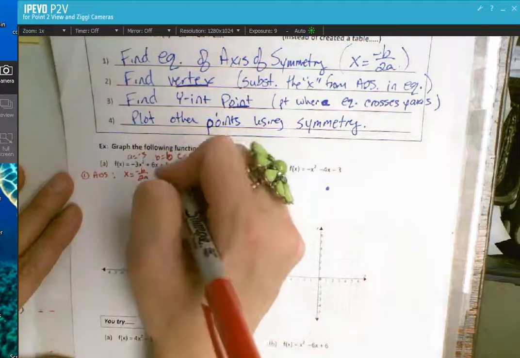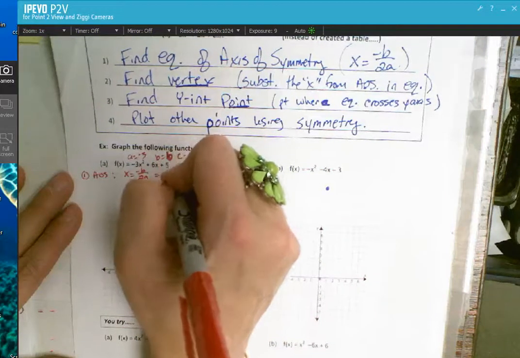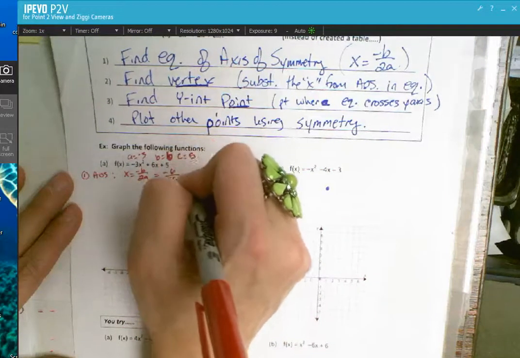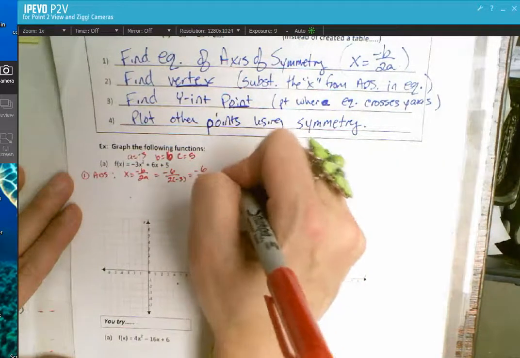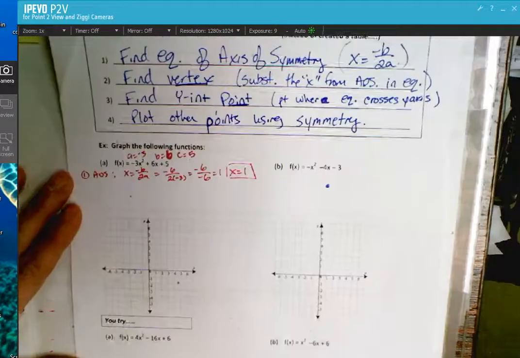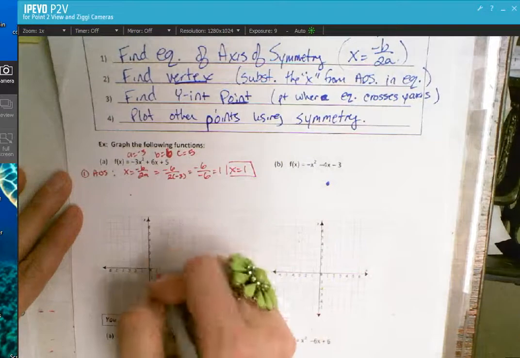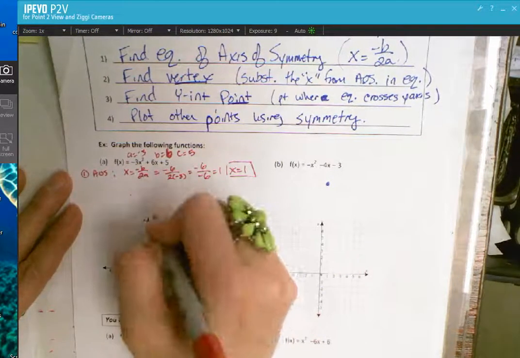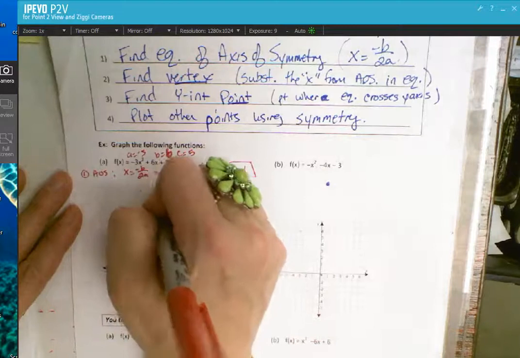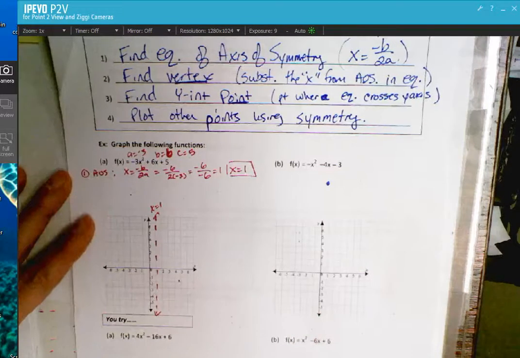Substitute in my points. Negative 6 over 2 times negative 3 equals negative 6 over negative 6. So that's equal to 1. So x is equal to 1. I now have my axis of symmetry at x equals 1. So I'm going to go over here to x equals 1 and drop in my axis of symmetry. So I know my parabola has to be around that axis.